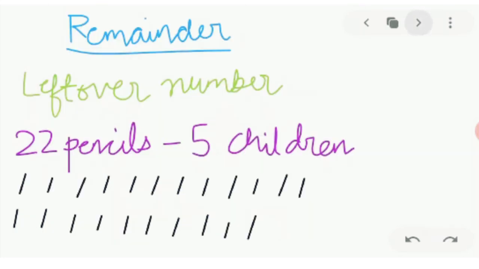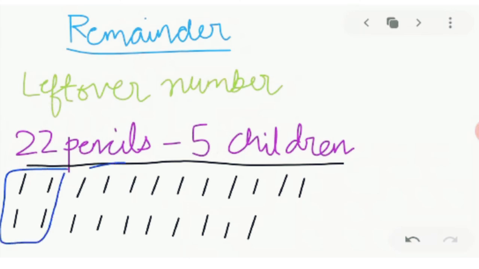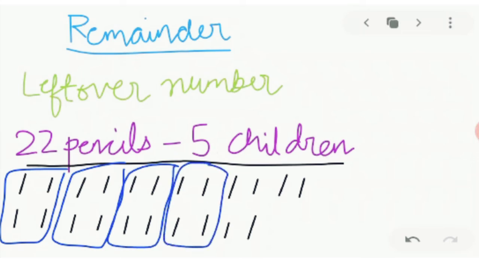Let's understand what a remainder is. For example, if you were given 22 pencils to divide equally among 5 children, तो ये आप कैसे करेंगे? हम 4 पेंसिल्स एक बच्चे को देंगे, 4 पेंसिल्स दूसरे बच्चे को, तीसरे बच्चे को, चौथे बच्चे को, पांचवें बच्चे को. ओके. तो पेंसिल्स इस तरीके से इक्वली डिस्ट्रीब्यूट हुईं कि हर किसी को 4 मिल गईं, but 2 remaining हैं. So these remaining ones are the leftover pencils, and this is the remainder.